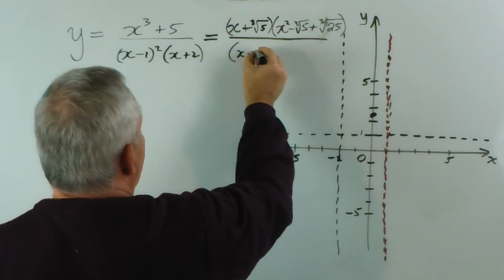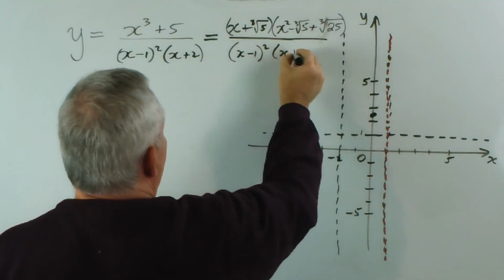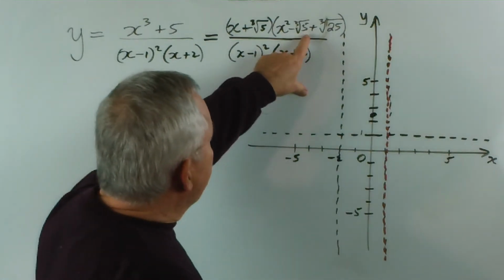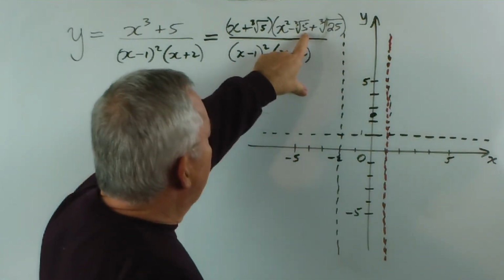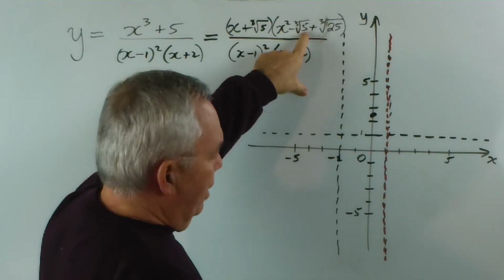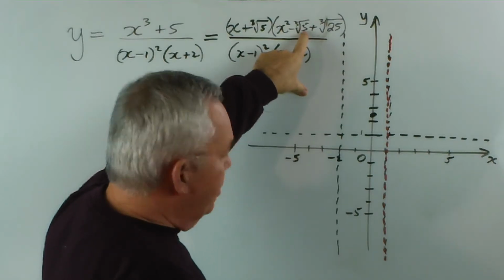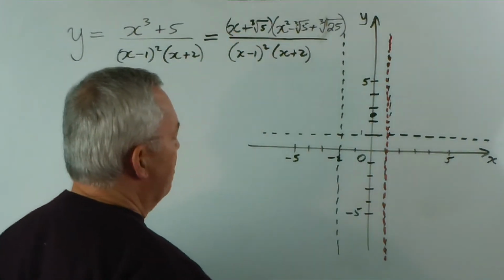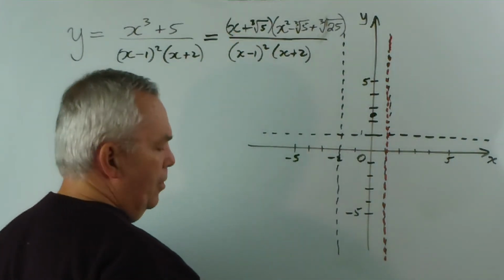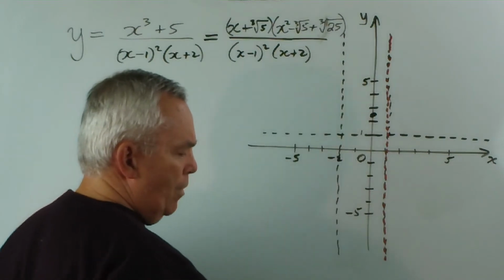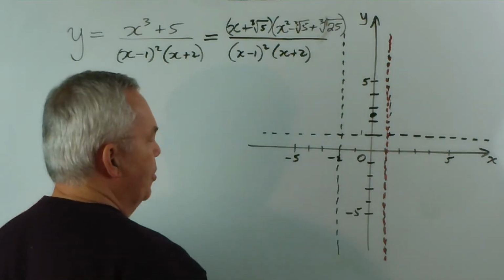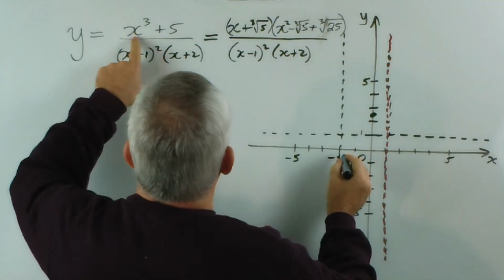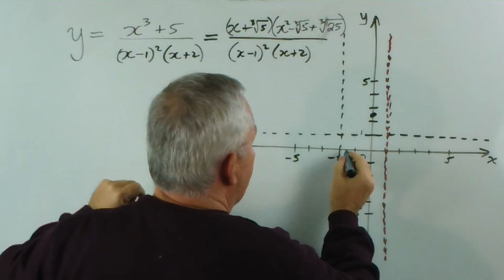Now this, I don't think has any particular zero, but this one does, when x is minus the cube root of 5. Now minus the cube root of 5, that's a little bit below 2, so it'll be in here somewhere. So minus the cube root of 5 will make it 0 and y is 0.